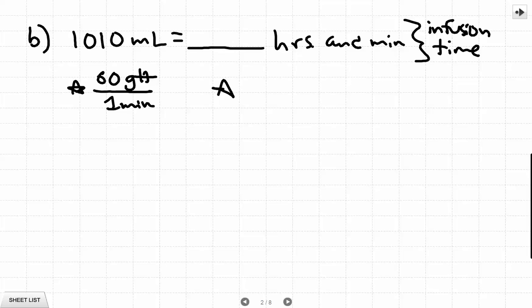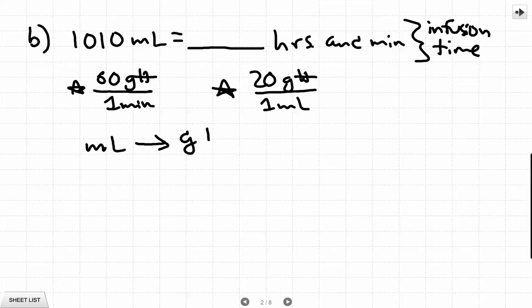And we're also going to use the IV calibration rate of 20 drops per milliliter. And this is how we're going to get out of milliliters into drops and then drops into minutes. So we're going to go from milliliters to drops to minutes, and then to hours and minutes. Because once we have the number of minutes, we can certainly figure out the number of hours and minutes.